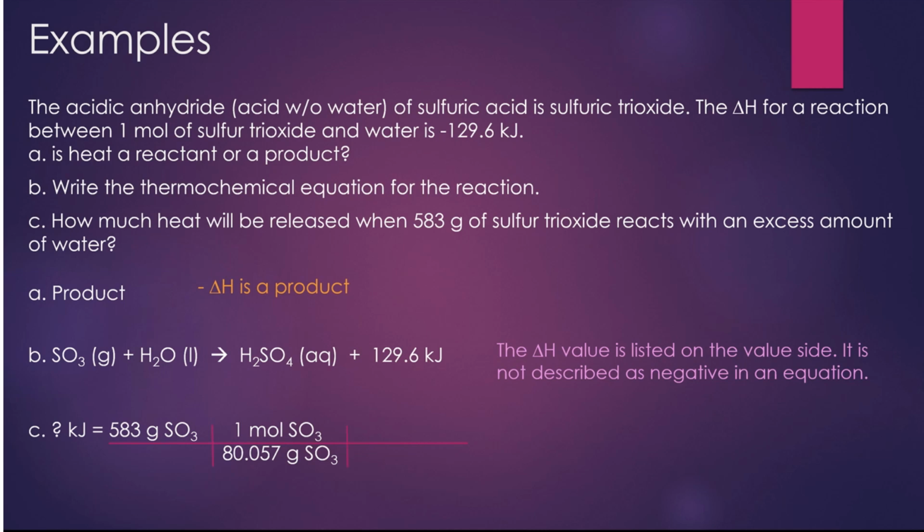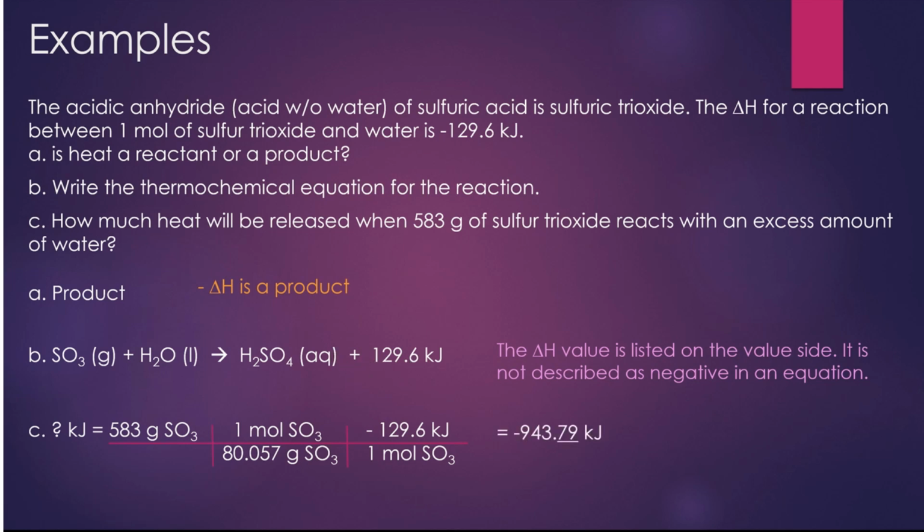Now that I have my mole ratio, I can use my balanced chemical equation like I would normally use it and say 1 mole, the implied 1 in front of SO3, is equal to negative 129.6 kilojoules. Again, negative because it's a product.